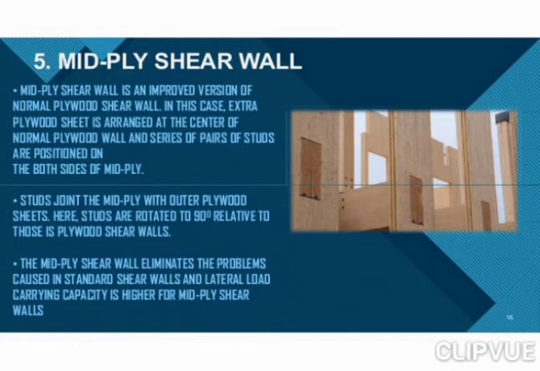Studs join the MID-PLY with outer plywood sheets. Here, studs are rotated 90 degrees relative to those in plywood shear walls. The MID-PLY shear wall eliminates the problems caused in standard shear walls, and lateral load carrying capacity is higher for MID-PLY shear walls.